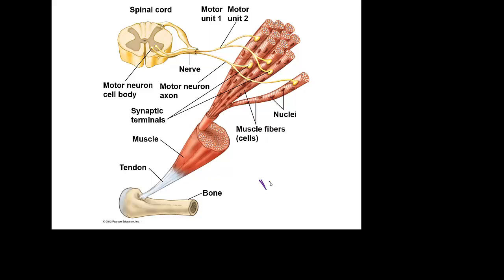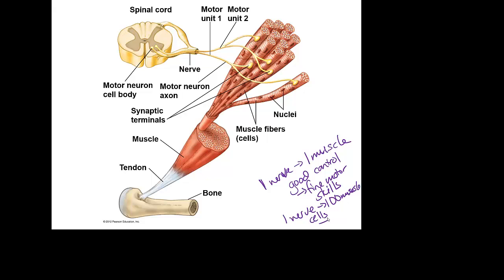So if you have one nerve coming in to one muscle, you get very, very good control, or what we might refer to as fine motor skills. However, if you have one nerve coming into 100 muscle cells, you have less control.